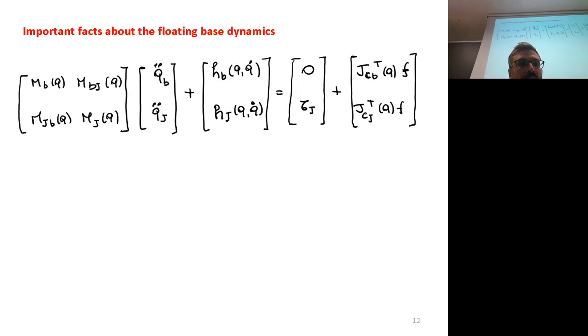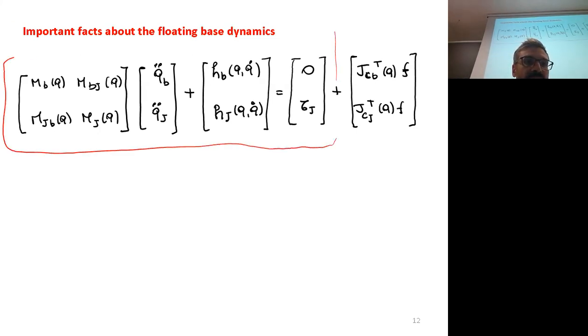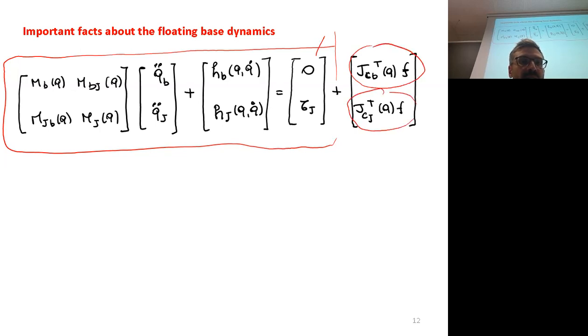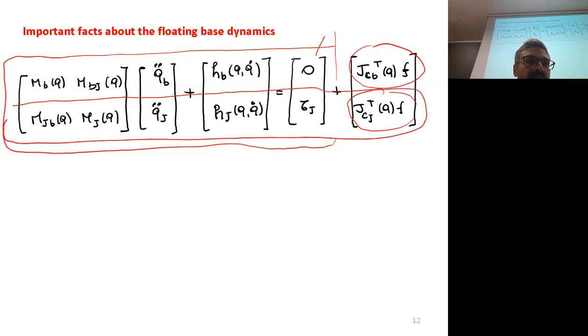Okay, so if we write the dynamic equation for a legged robot or a floating base system, we can again partition it, and we see that before, in the case of an acrobot, we had just this part with the passive joints, but here we have the presence of the contact forces that will appear in the actuated part of the dynamics and also in the underactuated part of the dynamics.